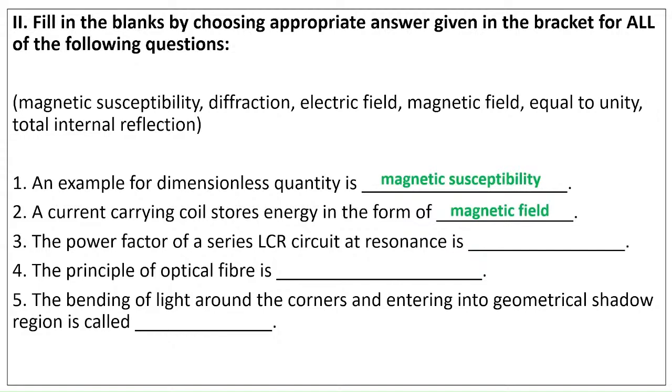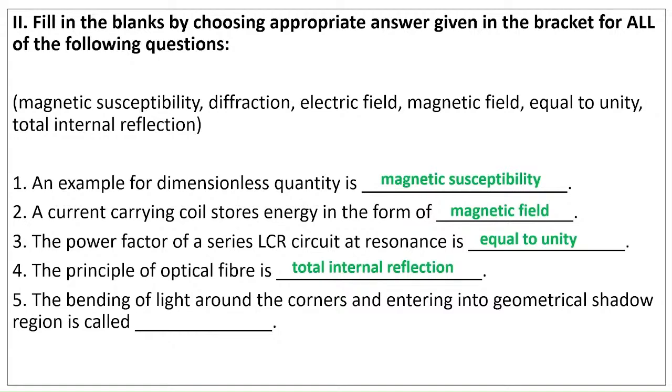Next. 3. The power factor of a series LCR circuit at resonance is dash. Answer is equal to unity. Next. 4. The principle of optical fiber is dash. Answer is total internal reflection.